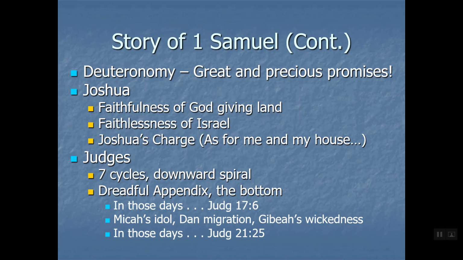We talked about 7 judges. It would have been the 7th judge. Who was the last judge? Deborah. Not Deborah, no. Samson. So in Judges 13 to 16, you have the story of Samson. Tell me a little bit about his story. How did he come on the scene, Isaiah? He wanted a wife. Go before that.